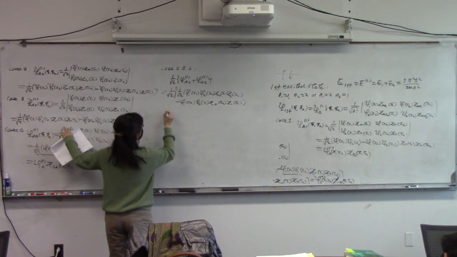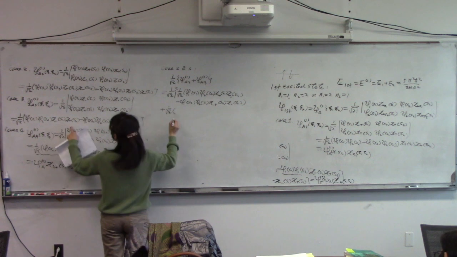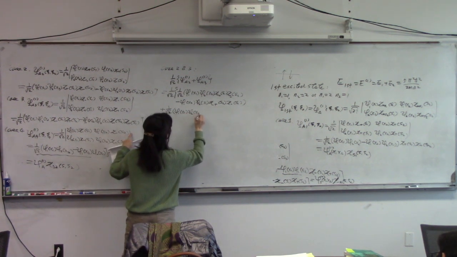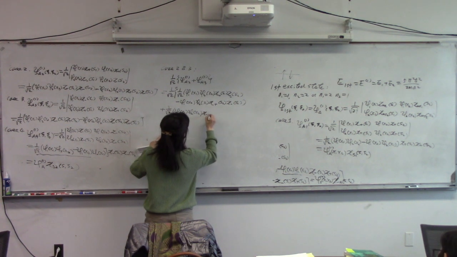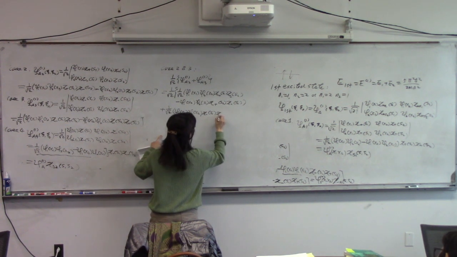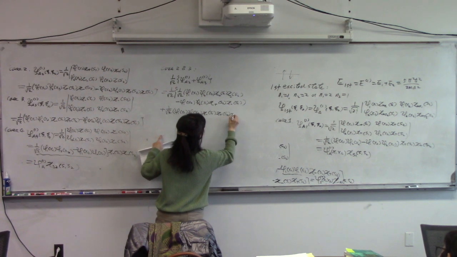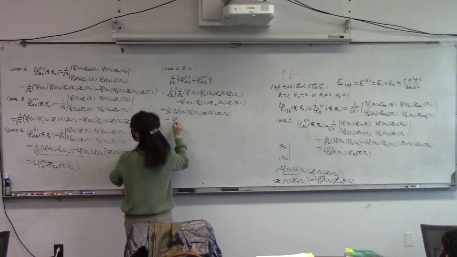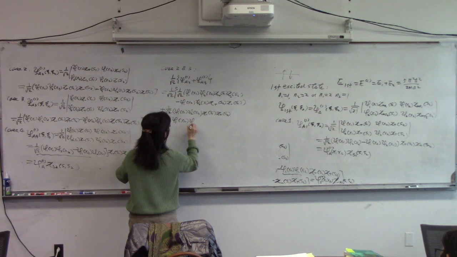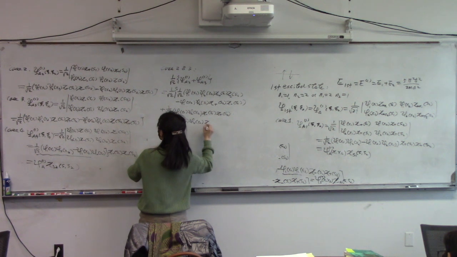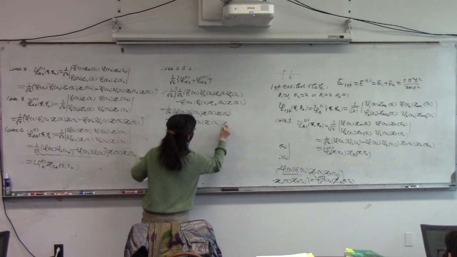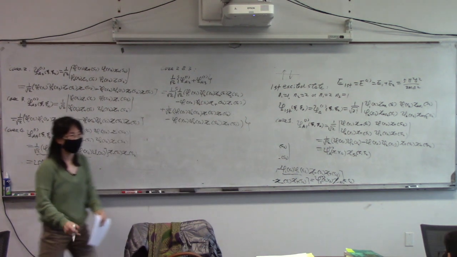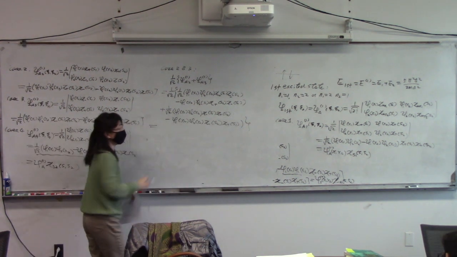Case 3 here, plus this one is psi 1 x1, psi 2 x2, kappa minus s1, kappa plus s2, minus psi 1 x2, psi 2 x1, kappa minus s2, kappa plus s1. 4 terms. But these 4 terms we can combine like this.